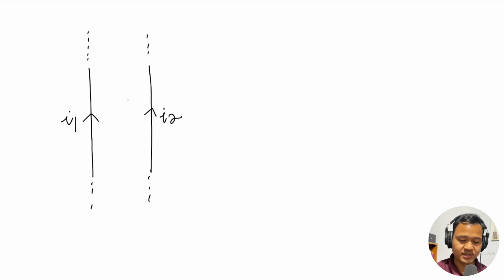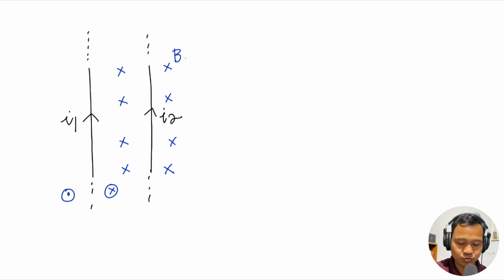Due to the first one, by the right hand grip rule, the magnetic field on this side will be inward and on this side it will be outward. The second wire I2 is inside the magnetic field of the first one. So this B is due to 1.